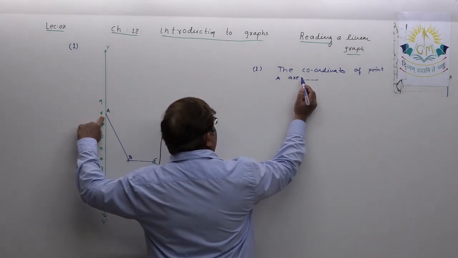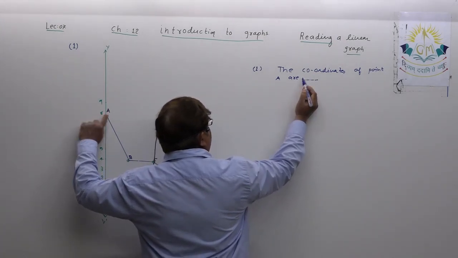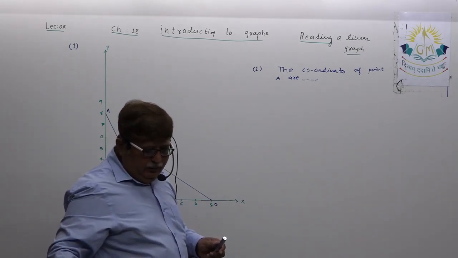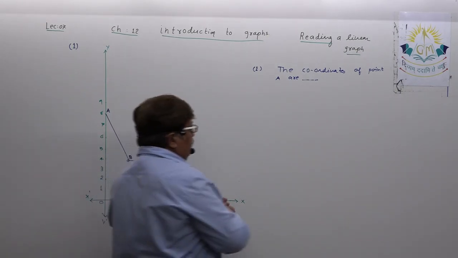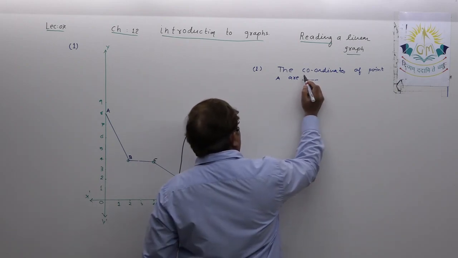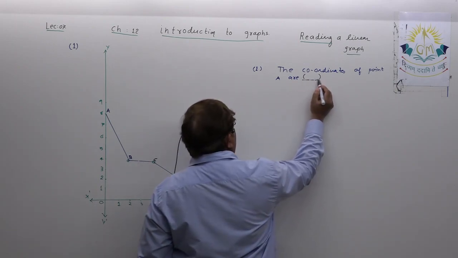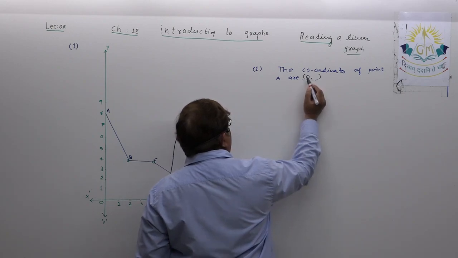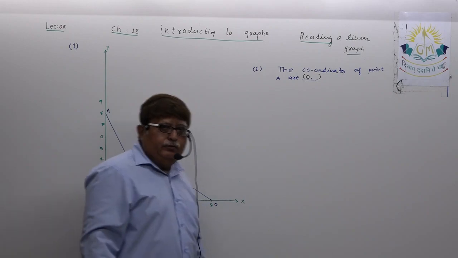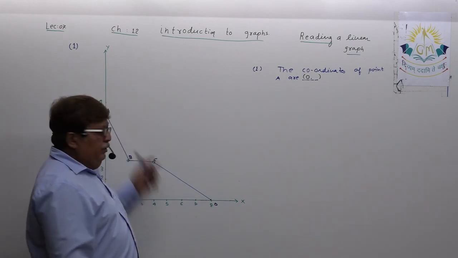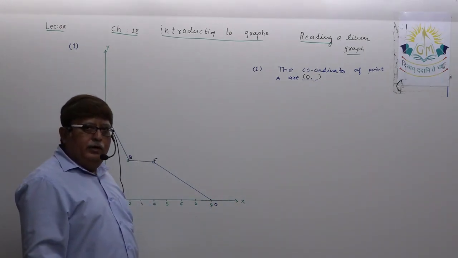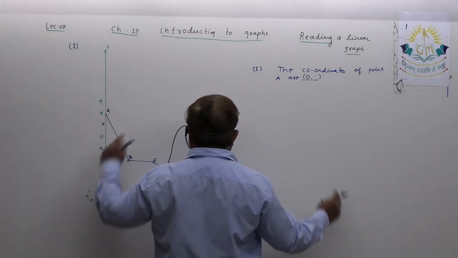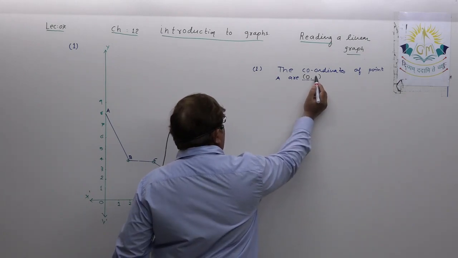So, how will you write the answer? What will be the coordinates of point A? You write A will be, because the point is lying on the y-axis, the y coordinate you can read from here, 8.